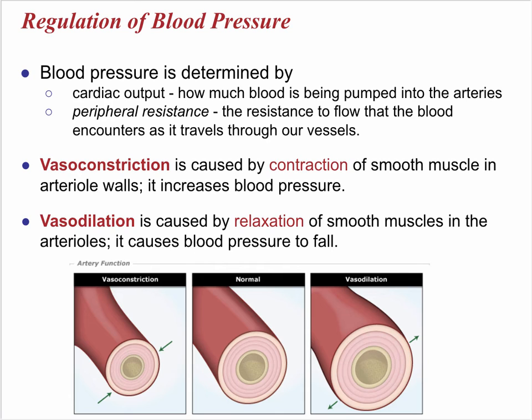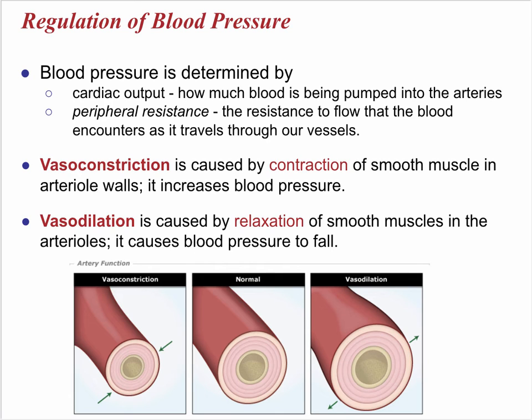If you push more blood into the arteries, that blood will be exerting a greater pressure on the walls of the arteries. Arteries have very elastic walls, so they can stretch and accommodate that increased blood pressure.